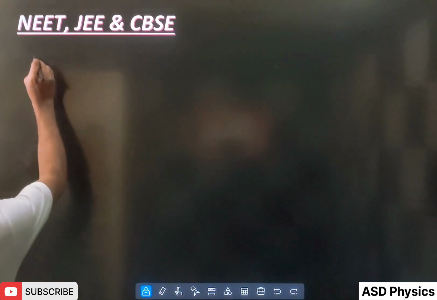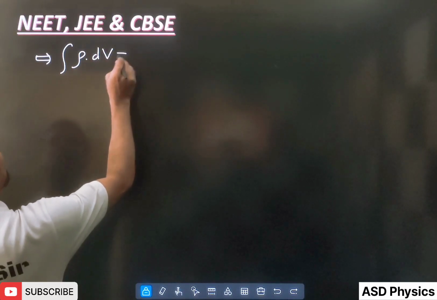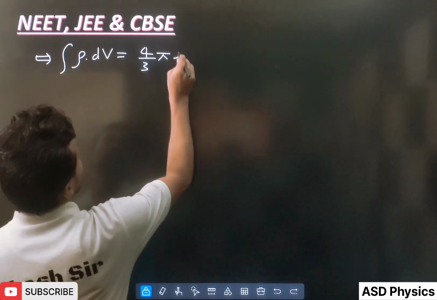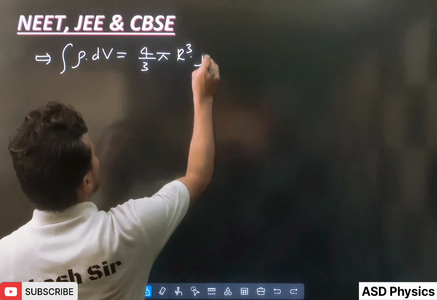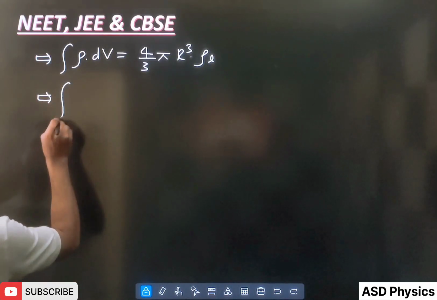So here we know very well the integration of rho into dV is equal to 4 by 3 pi r cube into the density of the liquid. Now let's put in the values. What is rho?